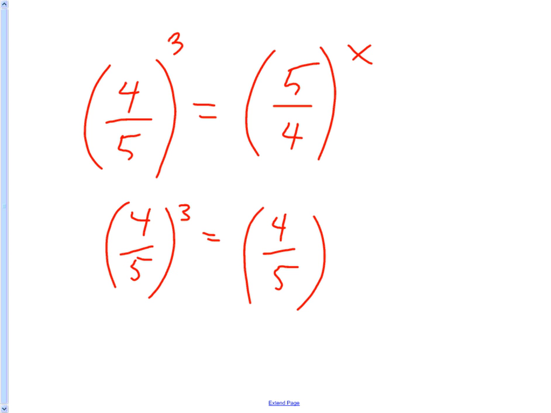But then I have to do something to my exponent to make that actually true. What would I say? -x. If I put in that negative in the exponent, that's what causes it to flip. Now that has to equal that. 3 equals -x. So multiply both sides by -1, and I get x equals -3.